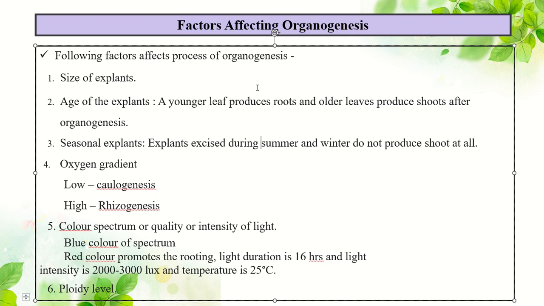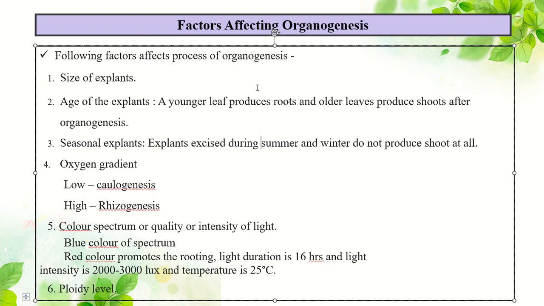Now the fifth factor: the intensity of light, or one can say the color spectrum of the light, is also an affecting factor in the explant, depending on where you are putting it and how much light you are giving. So the blue spectrum and the red spectrum.